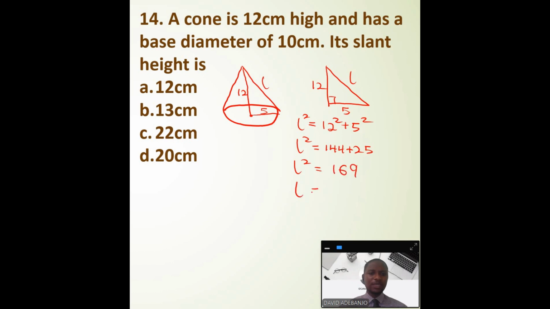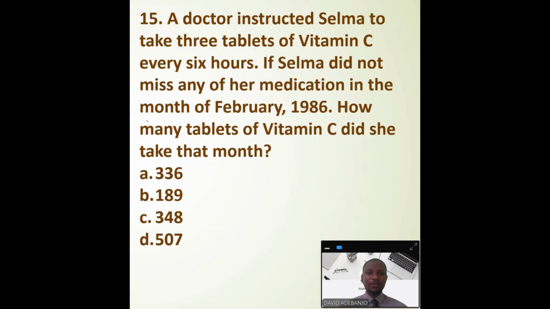Now you're looking for just L. So if L squared equals 169, take the square root of both sides. And if you know your squares of numbers very well, you know this will give you 13. And it's something you can confirm. 13 times 13, this is 9, 3, 3, 1. So you have 169. So the slant height is 13.